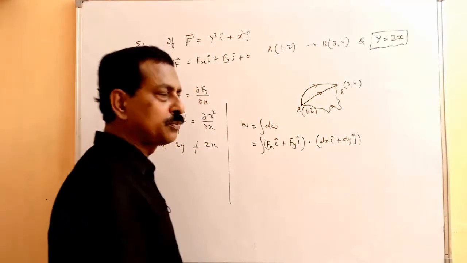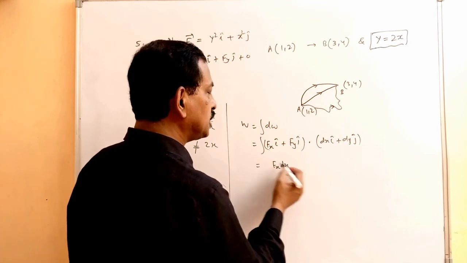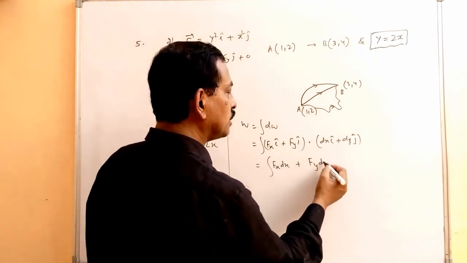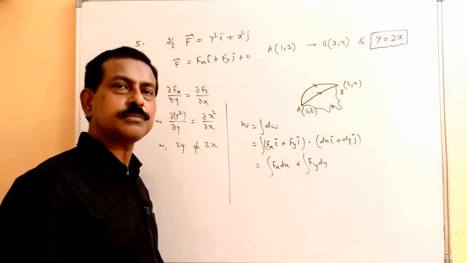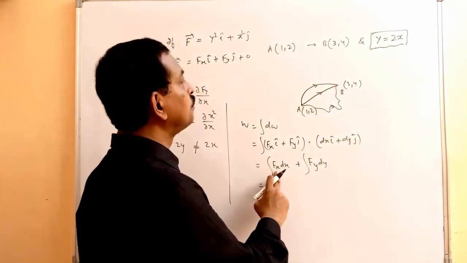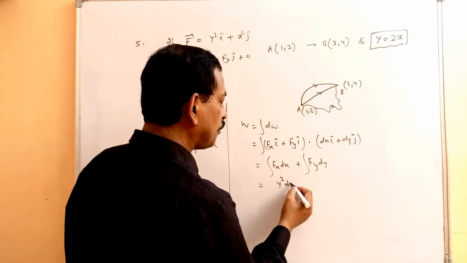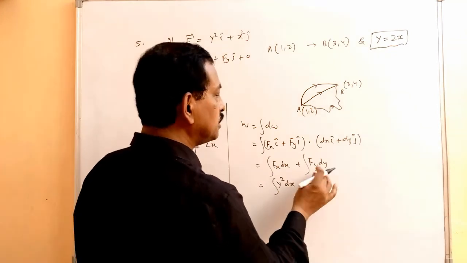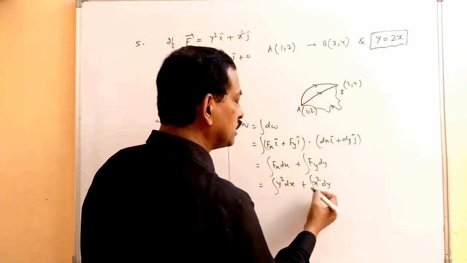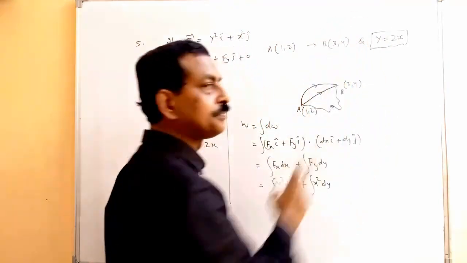It is the integral of Fx dx plus the integral of Fy dy. Here Fx is given as y square, and Fy is x square, so dy integral. We have to use this also.